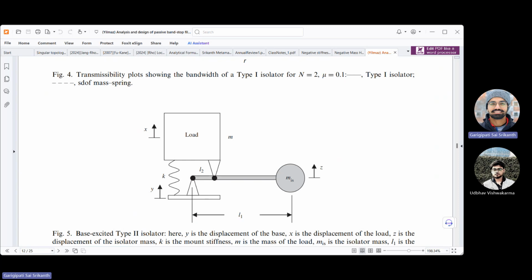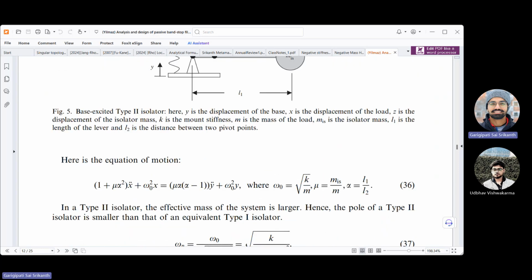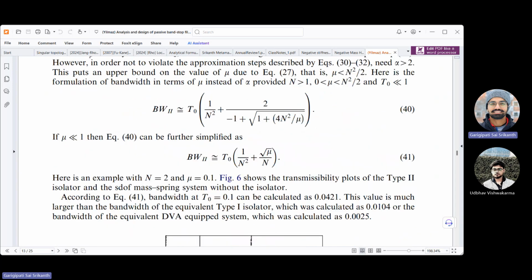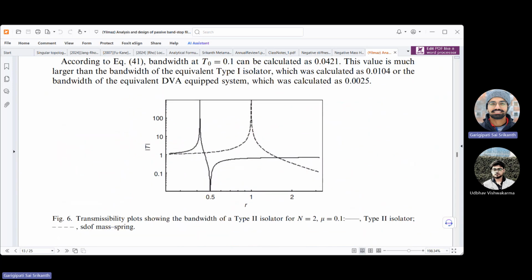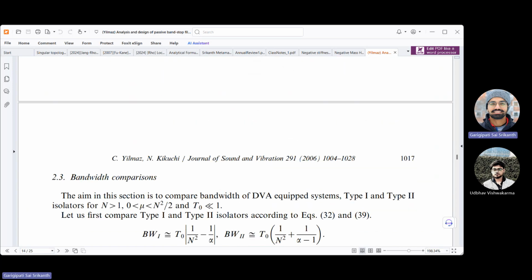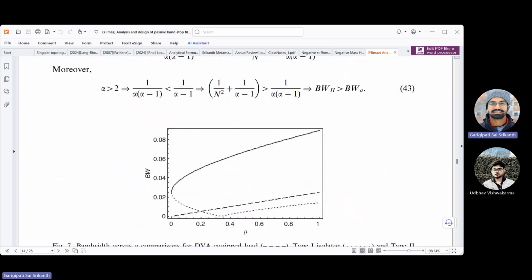Now, further, what they do, I'm really dissecting this paper because this is the foundational paper for inertial amplification in metamaterials. They try slightly different configurations and compare which configuration is better, type 1, type 2. Right? But that's not the idea.